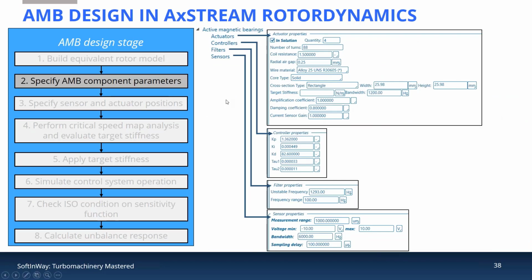After that, when we have our finite element beam model, we apply the parameters of actuators, defining their geometrical and physical properties without applying the target stiffness value. Controller properties containing the form of the control law. Filter properties tracing for the unstable frequency range, as well as sensor physical properties.